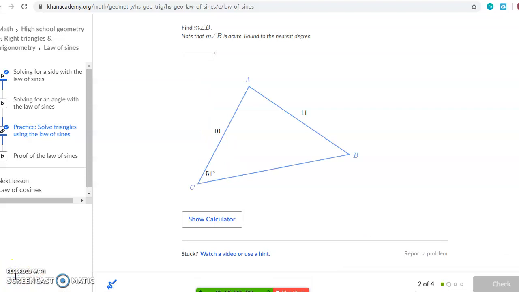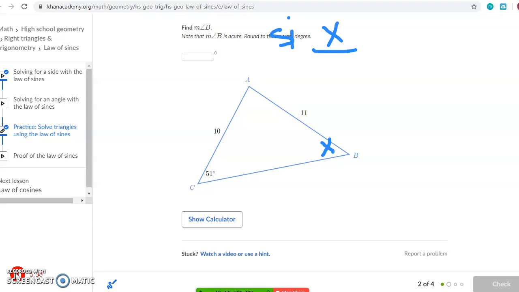Okay, let's do one more, but this time we're not missing a side. We're missing an angle. We're trying to find the measure of angle B. So let's call that x. We don't know the measure of angle B. Even though it's the angle that's missing and not the side, we can still set up the proportion the same way. So we're trying to find x.